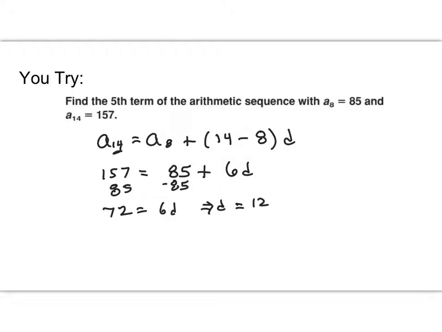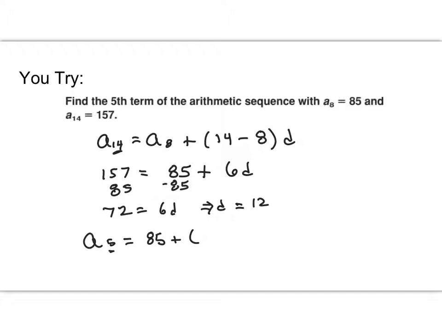Now I can go ahead and calculate the fifth term. So I have a sub 5, my fifth term, is equal to, and you could pick either one. I'm going to choose the 8th term, because it's smaller. Anytime I can work with a smaller number, it usually makes my calculations easier.